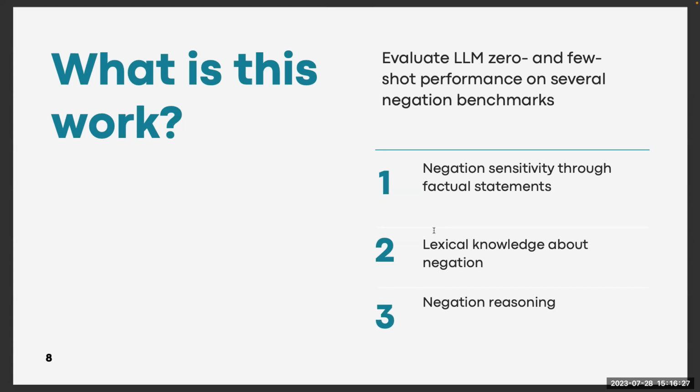So in this work, I want to evaluate their performance in a zero and few shot setting, because we are dealing with large language models, and the default way of evaluating those models is through prompting.